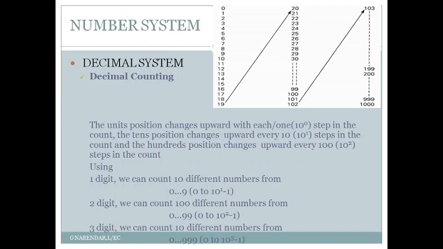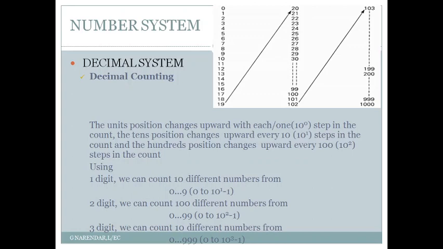So in the next higher position, we write the digit 1, and in the units position, we start with 0 again. So we form the next count as 1 0.